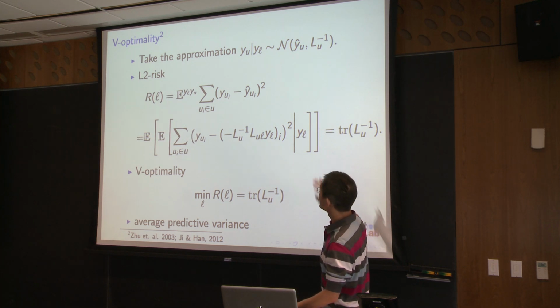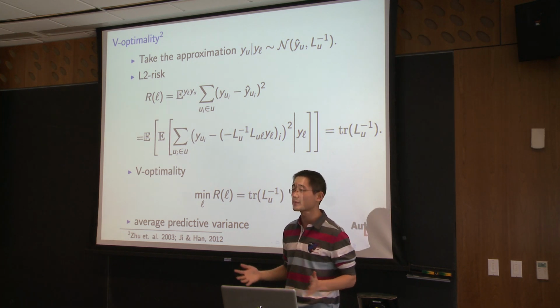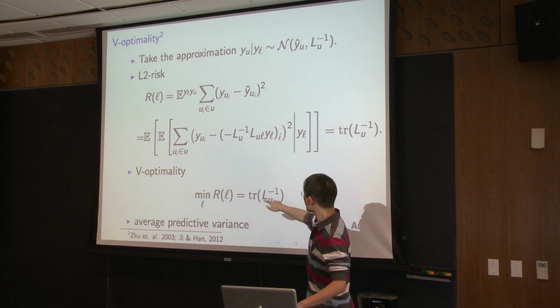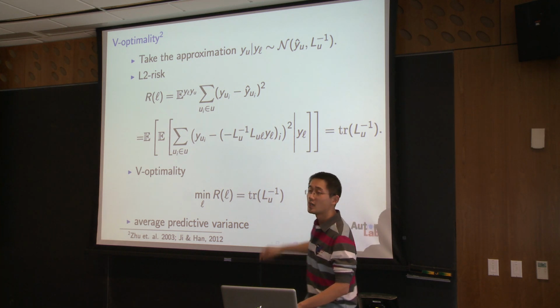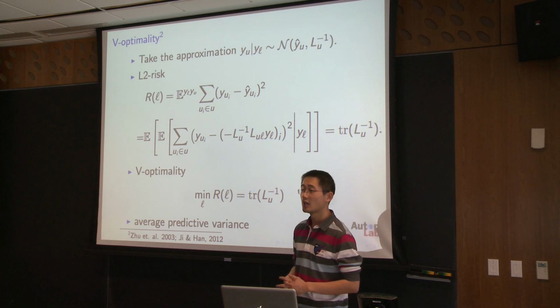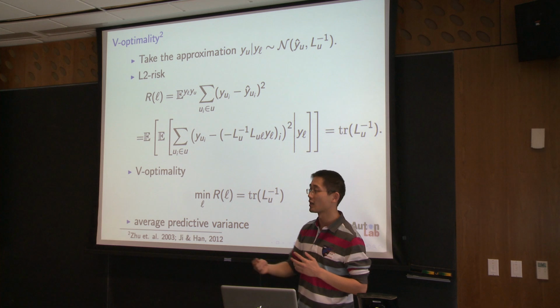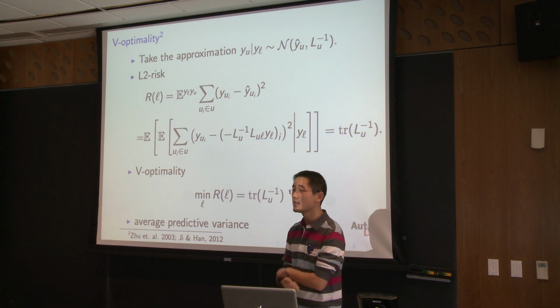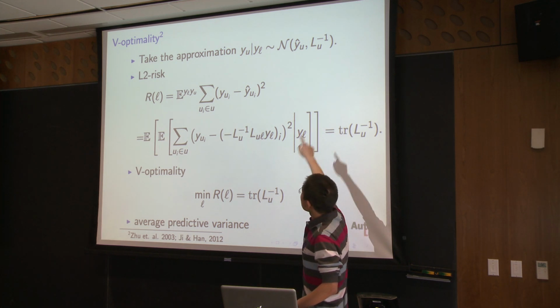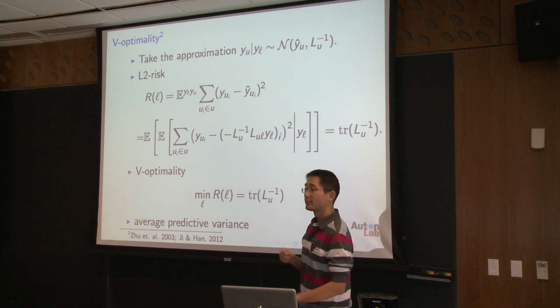V-optimality, there are two ways to interpret V-optimality. One way is directly, we want to minimize the trace of the predictive covariance matrix. That is the average predictive variance I've explained in the previous slide. Another way is through L2 risk reduction.